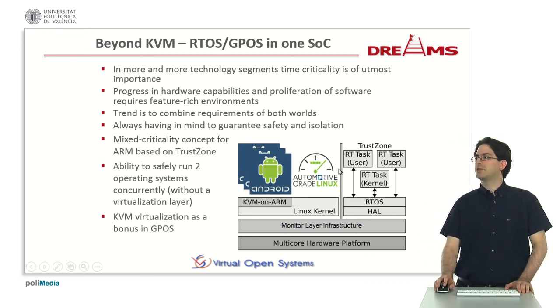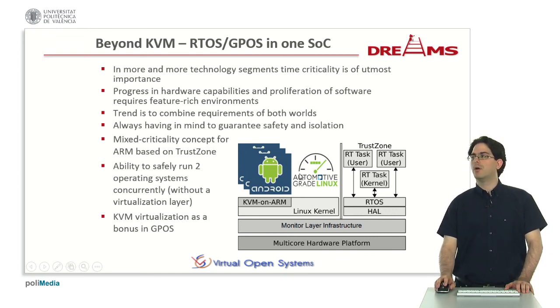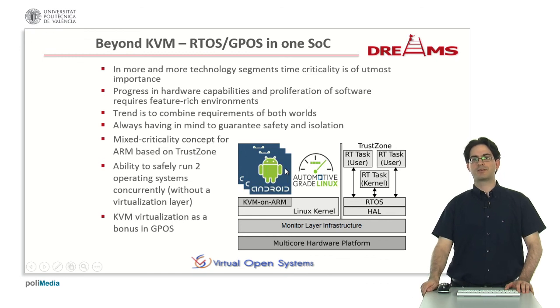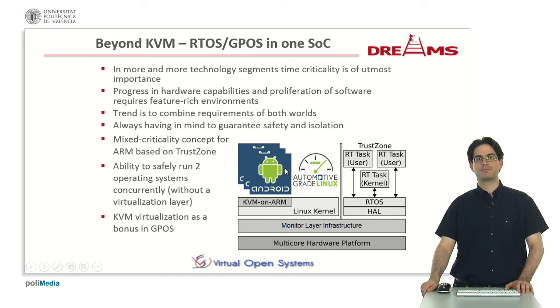So with this implementation we get the best of both worlds. We have very low latency for the real-time operating system. We get all the nice feature-rich multimedia features in Linux, plus KVM on ARM virtualization on top. And you have your criticality levels completely isolated, the safety critical from the infotainment system.